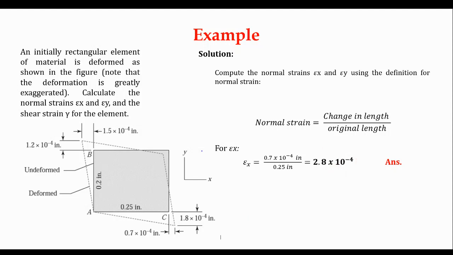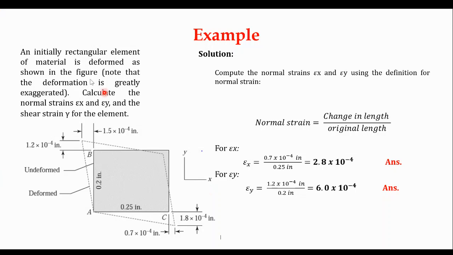How about sa y? Sa y naman, since ang define sa axis na y is vertical, so sa vertical ta magtanaw. So, ang change ana sa vertical, unsa man na dimension, kanang 1.2 times 10 raised to the negative 4. Nga naman, because that dimension is along the y length or the y-axis.